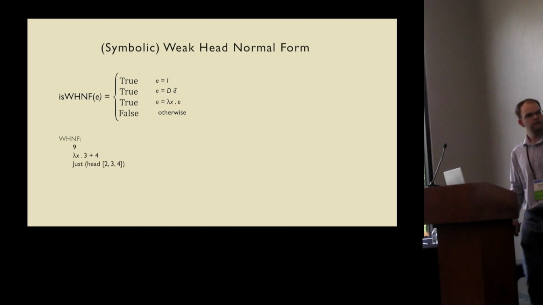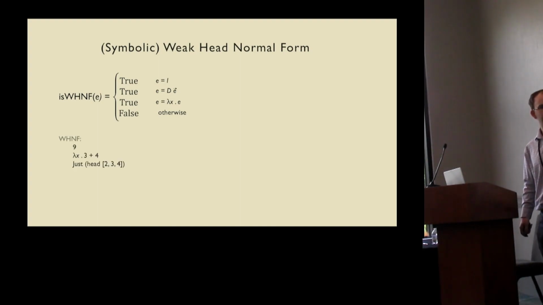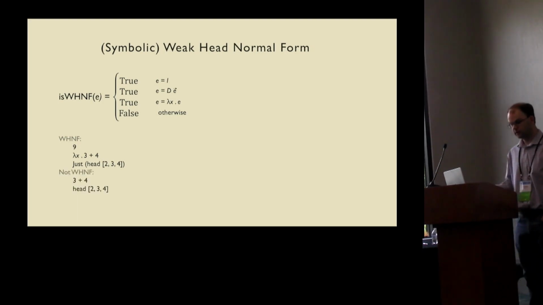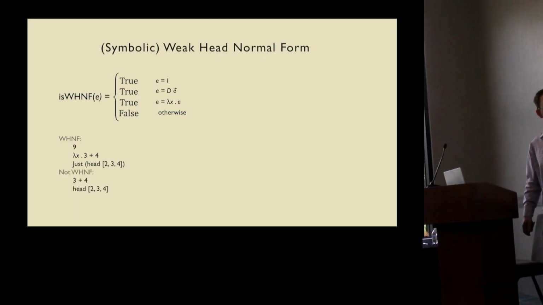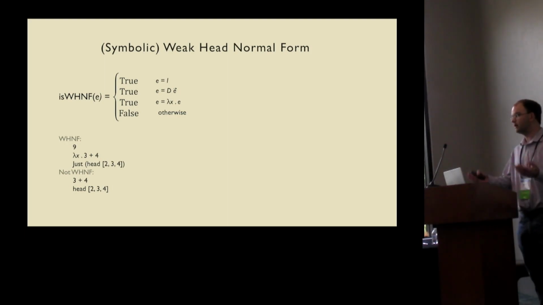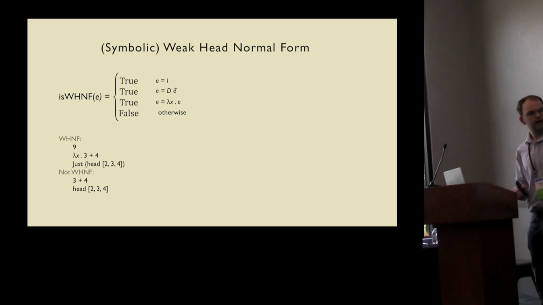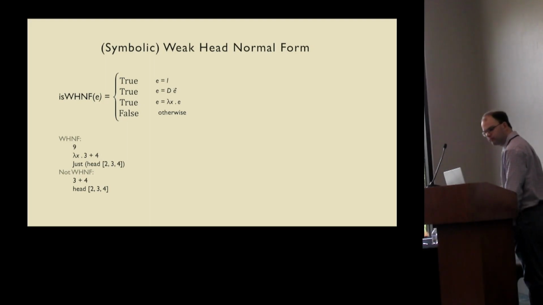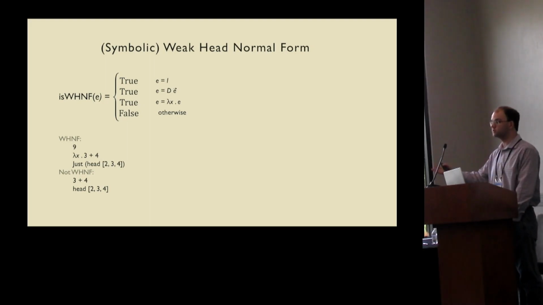So these are all in weak head normal form: 9, lambda x, 3 plus 4, or just the head of 2, 3, 4. Notably, head of 2, 3, 4 is not in weak head normal form because we'd have to apply the function. But when we're wrapping a data constructor, it now is in weak head normal form. And this is what allows non-strict evaluation.